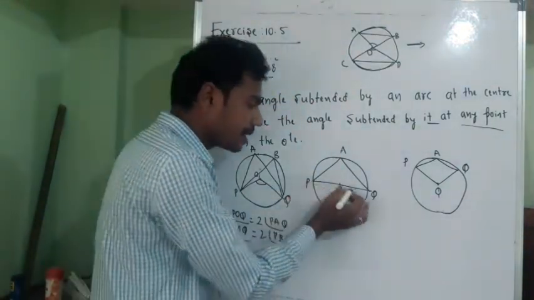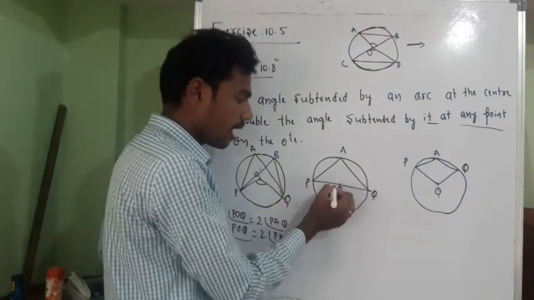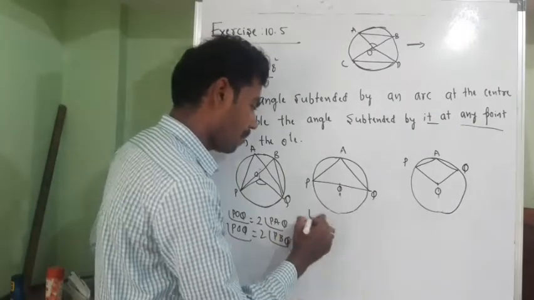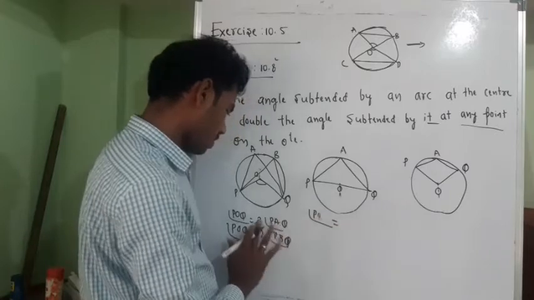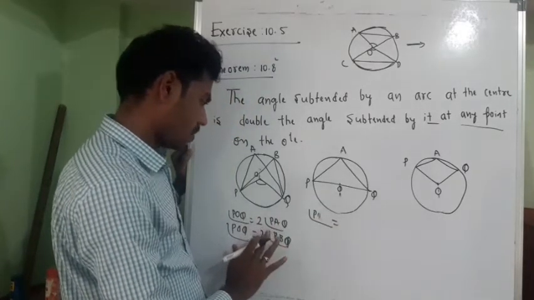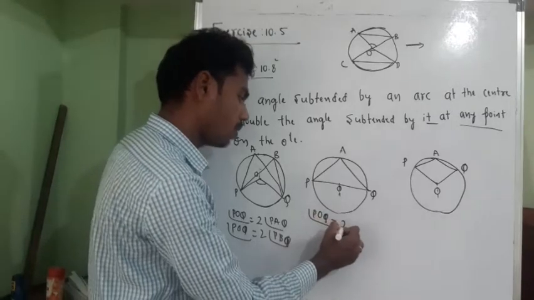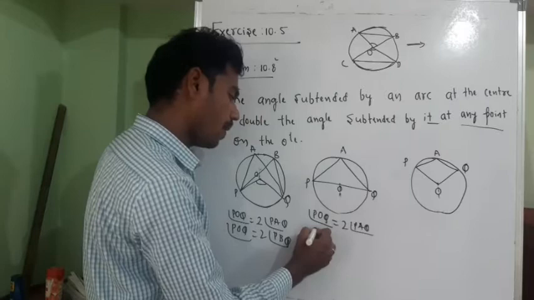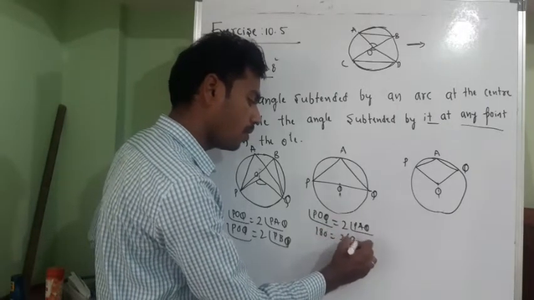In case it is a semicircle, the angle subtended by the arc at the center will be equal to 180 degrees. Then POQ is equal to 2 times PAQ. Since POQ is 180 degrees, obviously PAQ will be equal to 90 degrees.